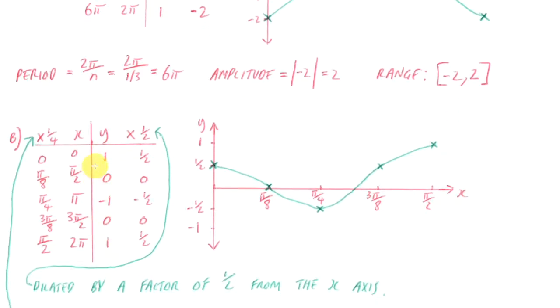So I want to multiply every x value by 1 on 4. And I get those. I then rule up an axis, get the y scale correct, get the x scale correct, and then just put in the points from the two outside columns. So (0, a half), (pi on 8, 0), and so on.